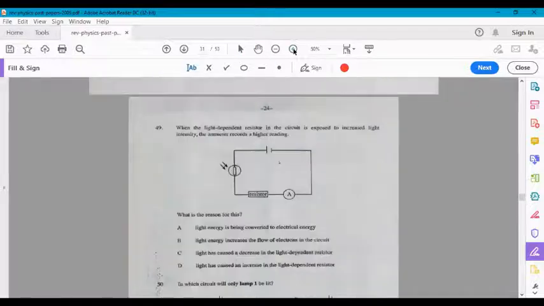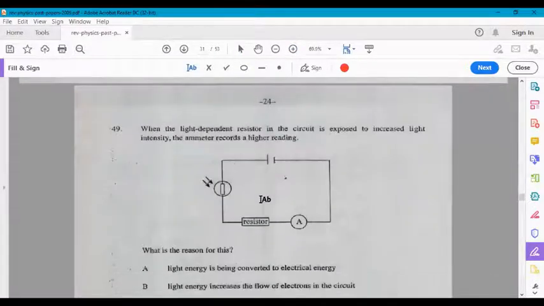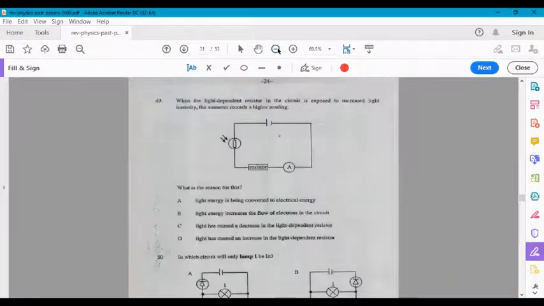All right, coming down to the last two questions. Number 49. When the light-dependent resistor in the circuit is exposed to increased light intensity, the ammeter records a higher reading. What is the reason for this?